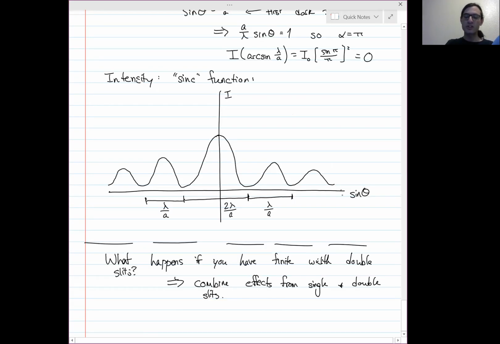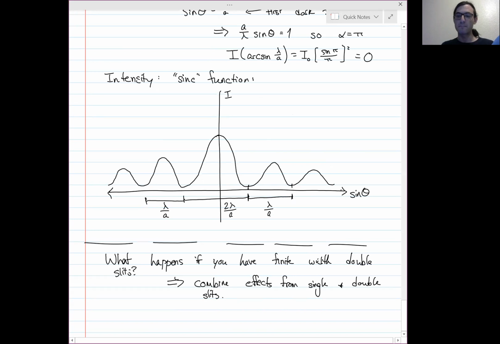Yeah, so the horizontal axis is the lambda over a, that's just a distance along the horizontal axis. So sine theta, the distance between those 2 points is lambda over a. So that's just saying that sine of theta here is lambda over a smaller than the sine of theta here.